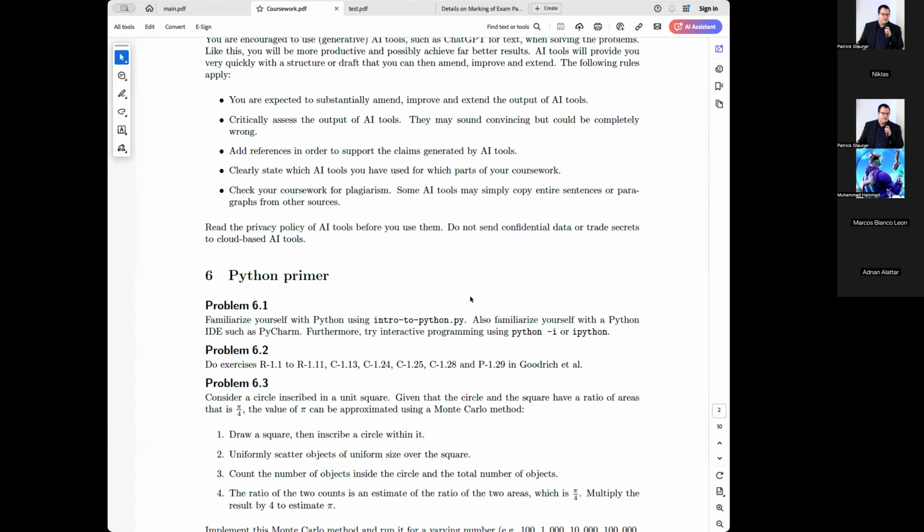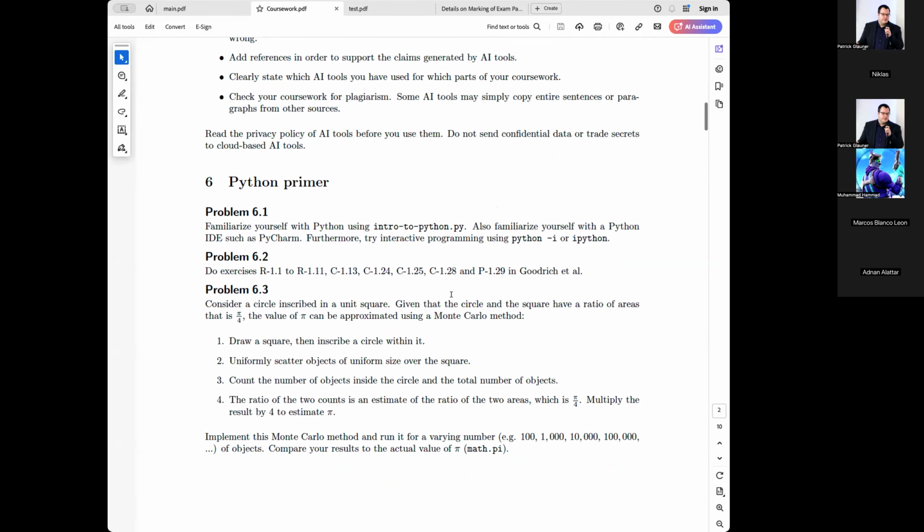Which coursework problems can you do up to here? Maybe focus on the Python primer. We've done the intro to Python today, which is the Python primer in the morning. Make sure you're familiar with Python, do the extra readings in the book, do the problems here.